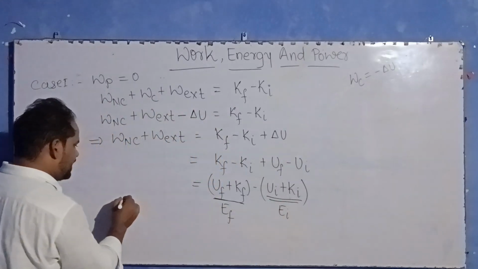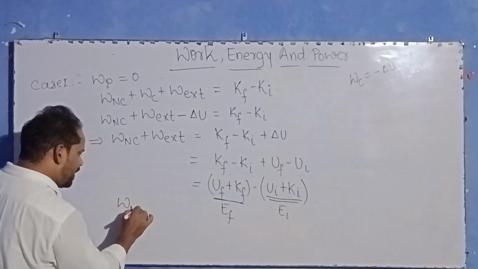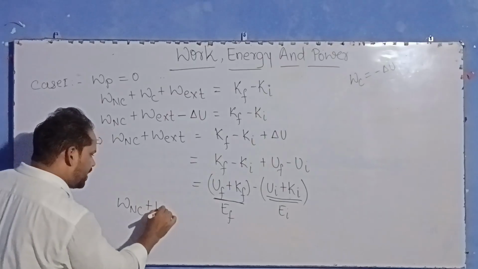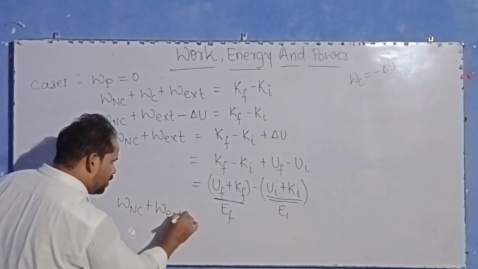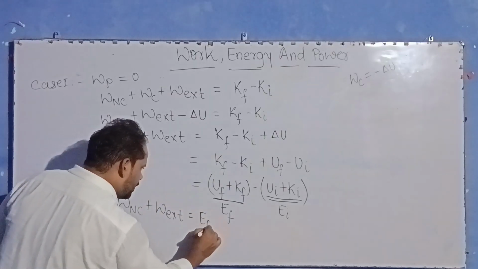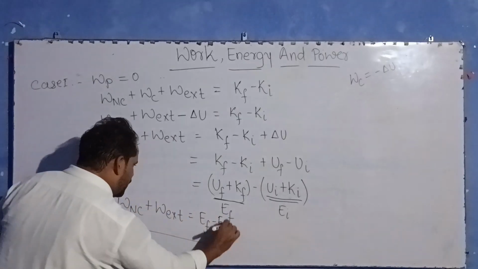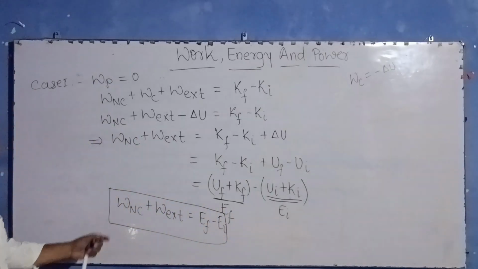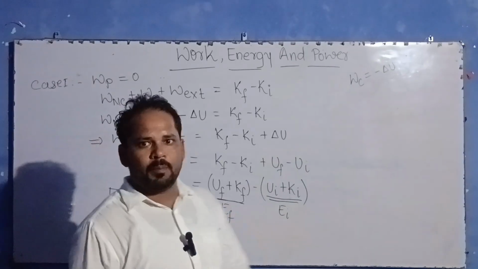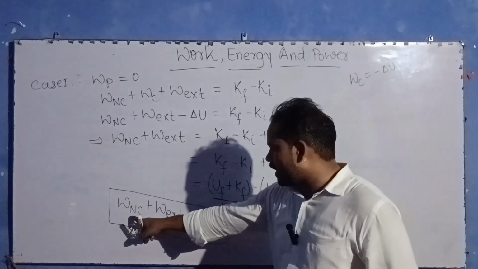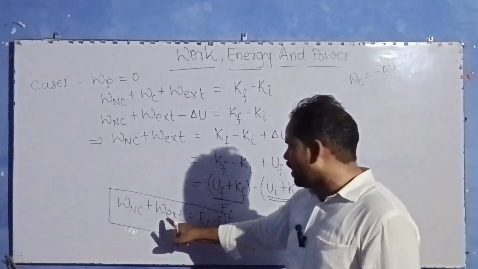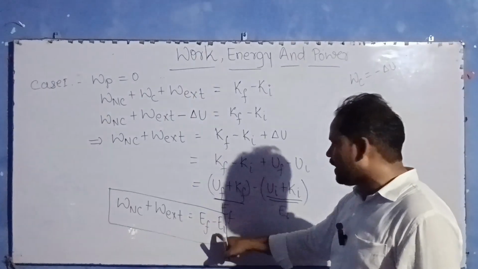So we can write this as work done by non-conservative plus work done by external is equal to E final minus E initial. When there is no pseudo force, then through the work energy theorem we finally get work done by non-conservative plus work done by external is equal to E final minus E initial.